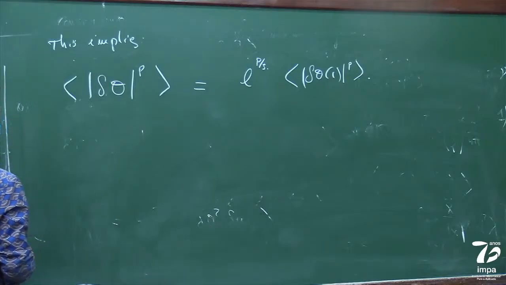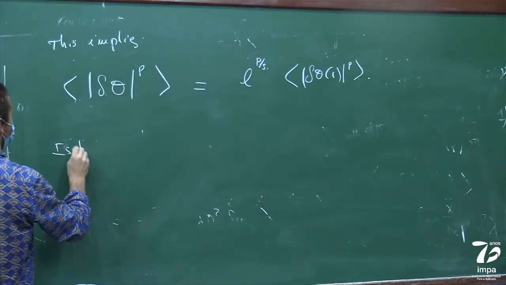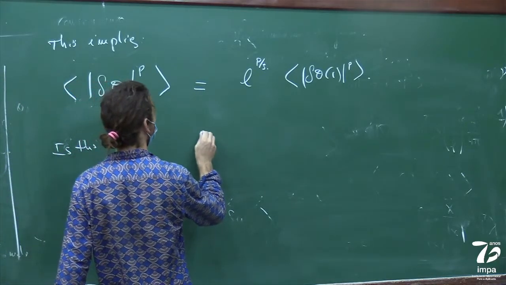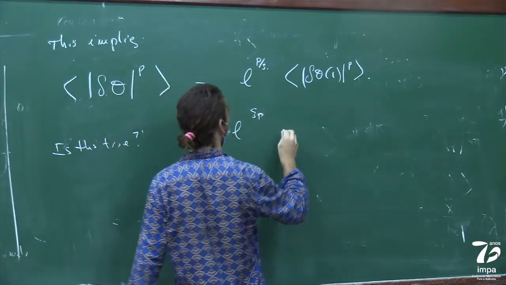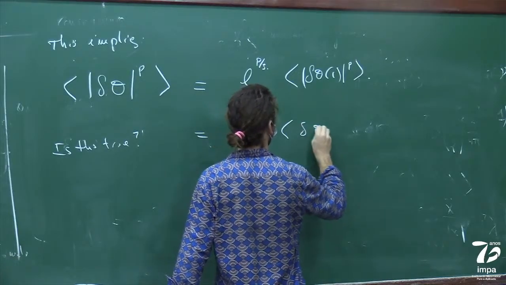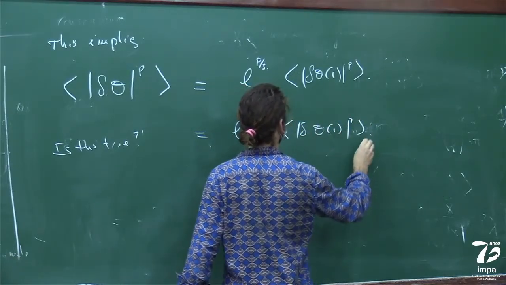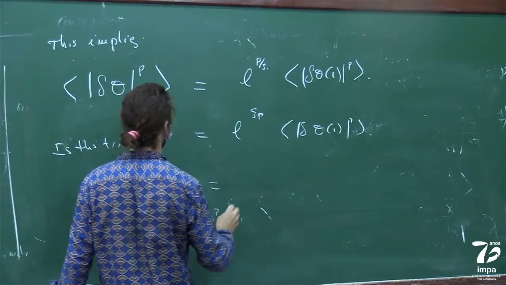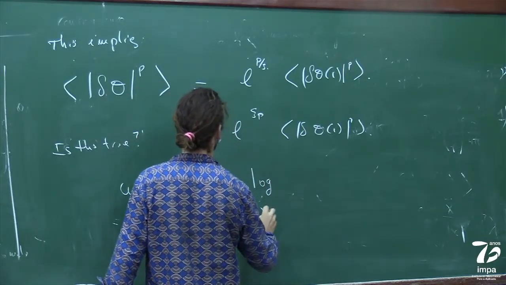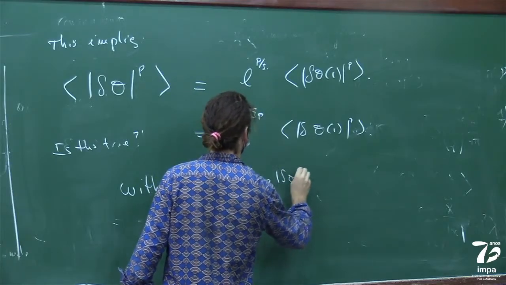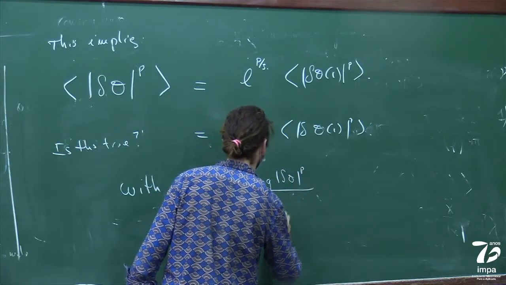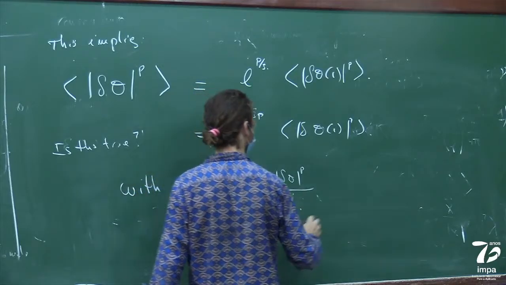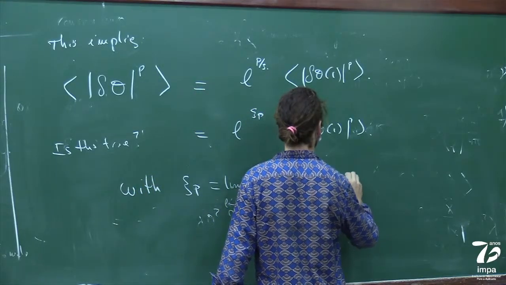Okay, and so again, this is true. And so to verify this, we can write this as L to the power psi p times this function, with psi p equal the log of the average of delta theta to the power p divided by the log of L, in the limit as L goes to 0, equal p over 3.